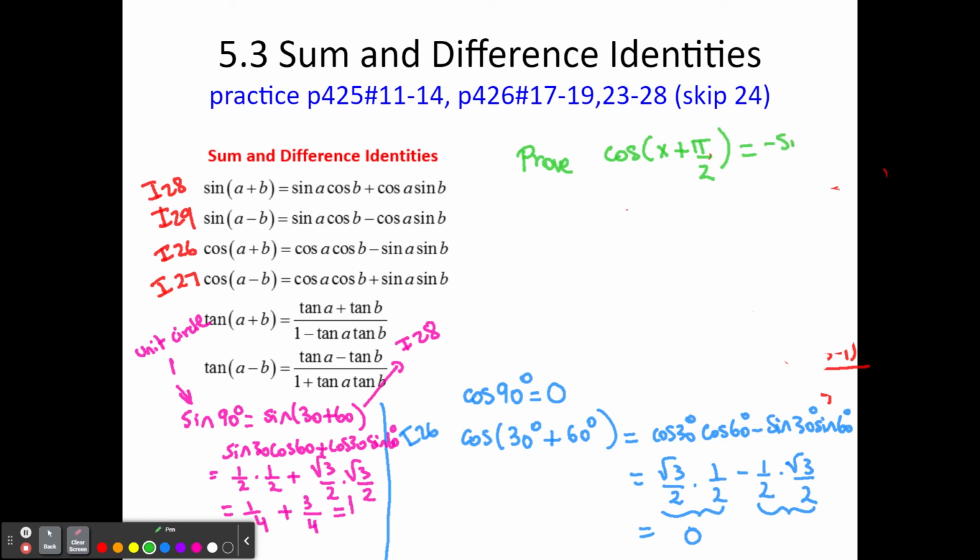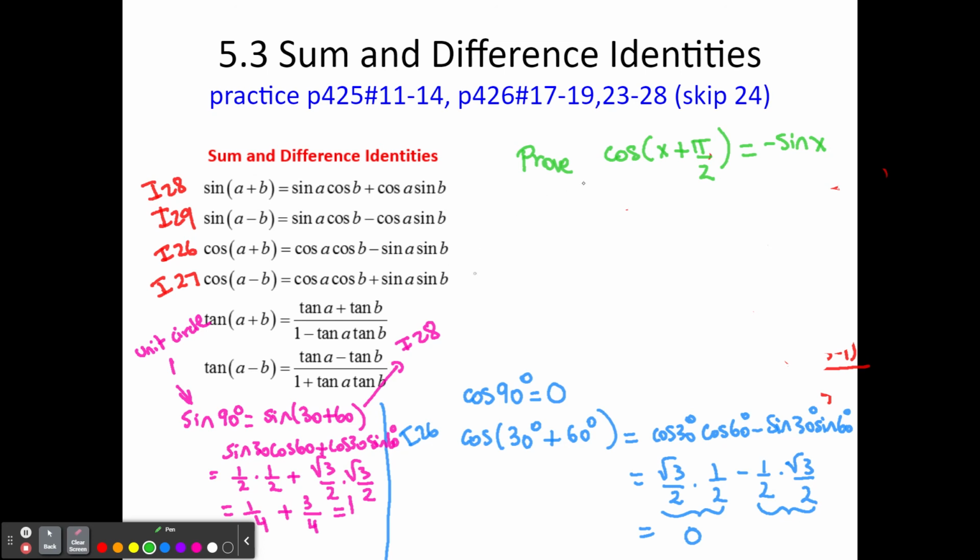If you look at your personalized identity sheet, this is one of the identities, and it's one of the co-function identities, more specifically. And this will be identity number 15, very similar to it, except that 15 has a subtraction and this one has an addition.